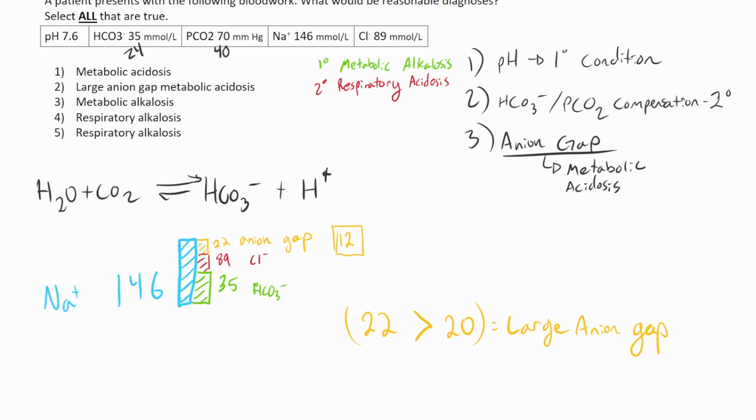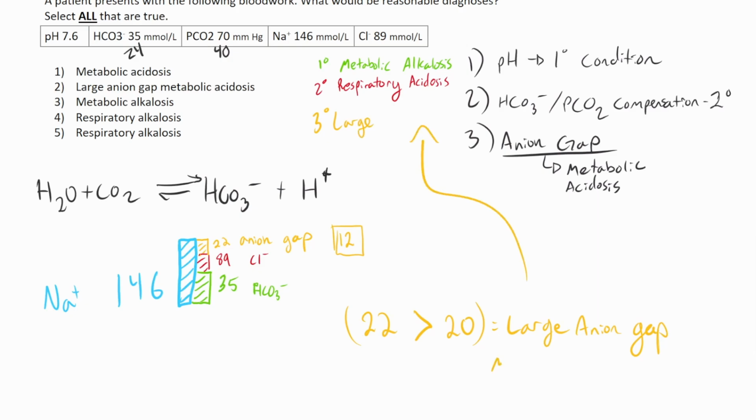If you don't understand this math here, it all needs to equal 0. We have 146 positives, 35 from our bicarb plus 89 negatives from our chlorine has to account for everything but the anion gap. And then we just set it all equal to 0. And so as a tertiary condition is a large anion gap.